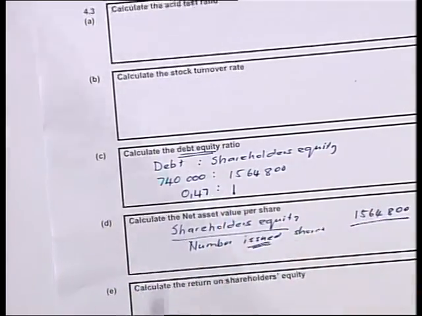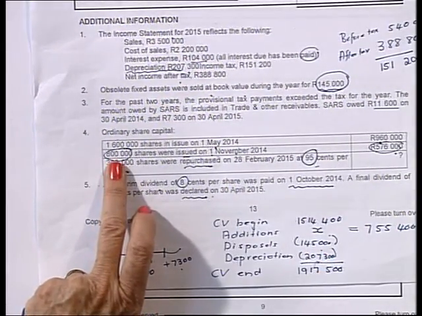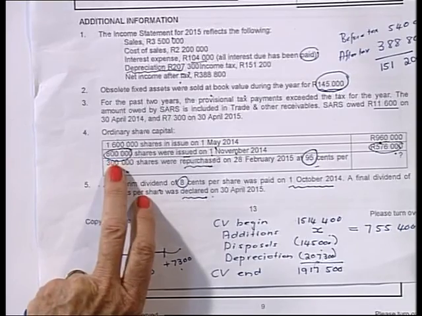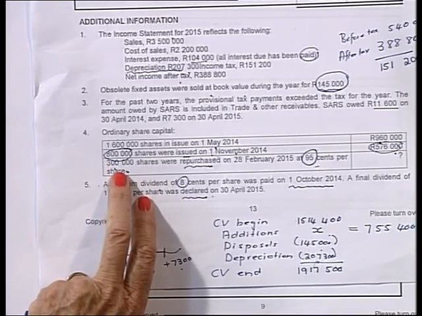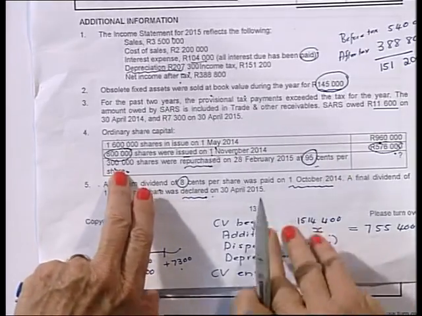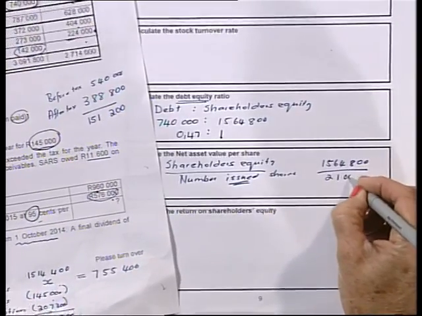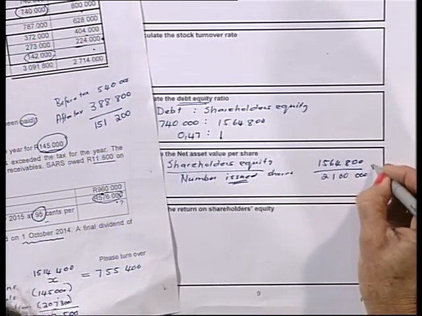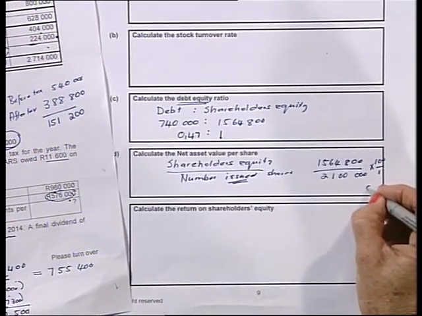Now we must look at what was the number of shares issued. And you look at information number 4. We started with 1,600,000, and then we issued another 800,000, but we repurchased 300,000, so minus 300,000. So we're going to end with 2,100,000. And the times 100 is not to get a percentage, it is to get your answer in cents.